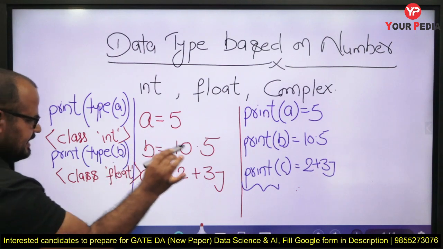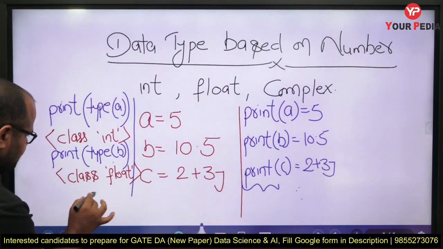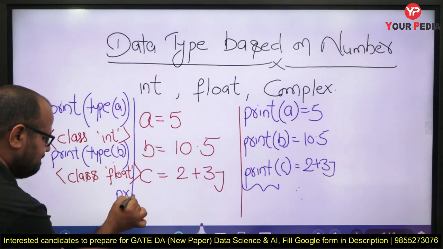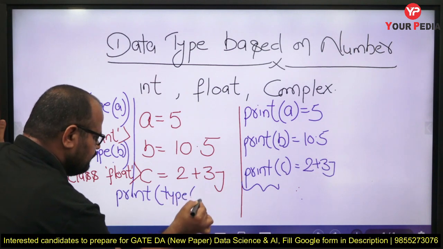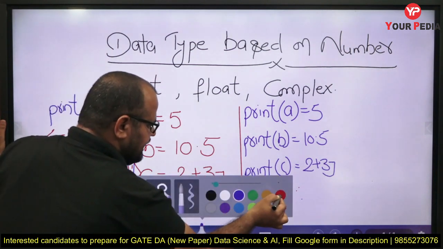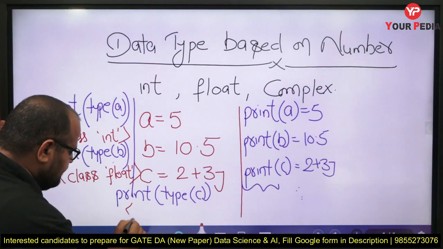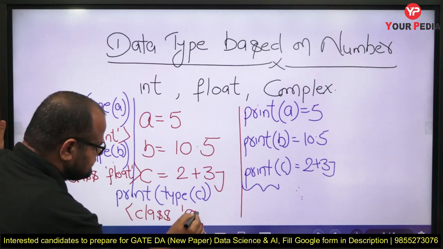So what do you mean by that? I'll give you an example and tell you each and everything. Next, if you write print type of variable c, then it gives me the output class complex.